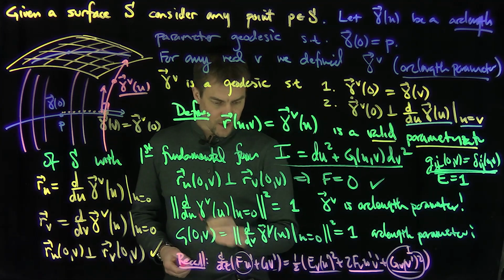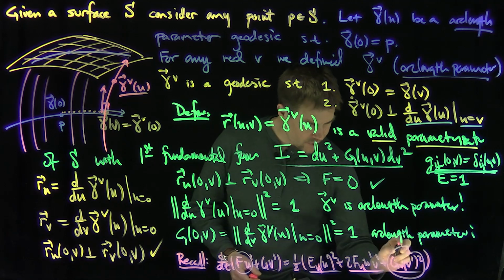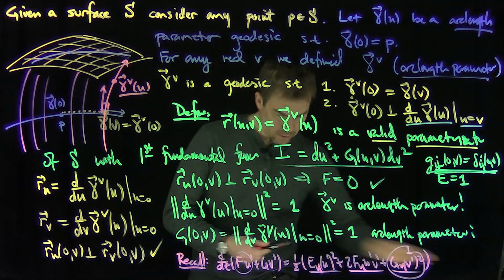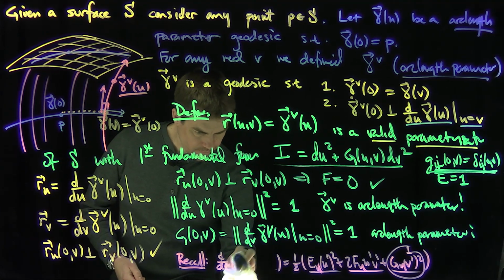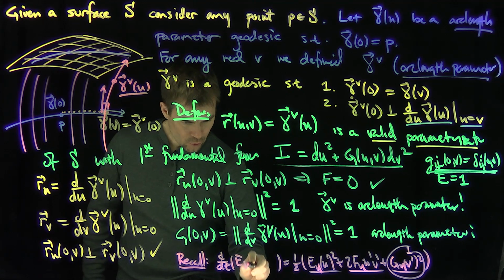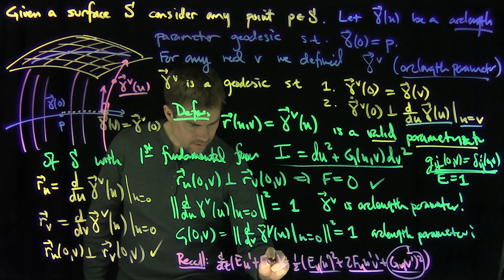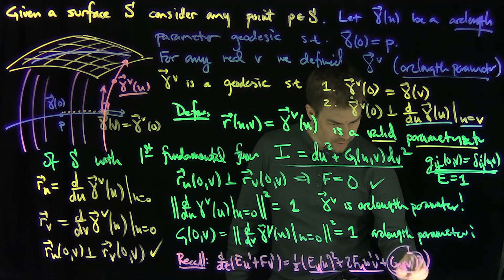So what would the E equation be? I modify this over here. If I change all these things to u, change that to u, change that to u, then we get the second equation over here. So we want to take the derivative over here. So let's write that. We have E u prime plus E prime, and that's the second geodesic equation where all these are u derivatives now.